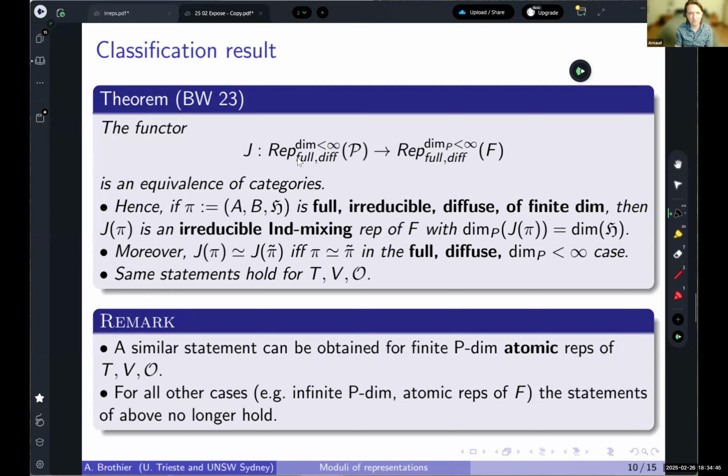Let's say that here I take the irreducible ones. And they are finite dimensional. Well, they will be sent to irreducible representations on the right. And if they are pairwise non-isomorphic here, they will be pairwise non-isomorphic here. So this means now that if you find a moduli space for the left, you have a moduli space for the right.